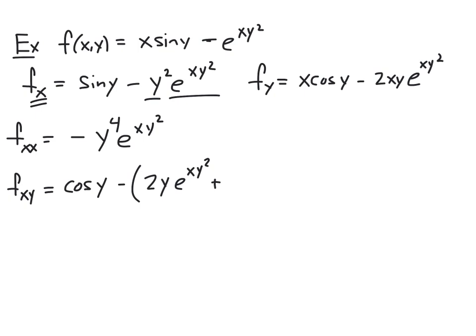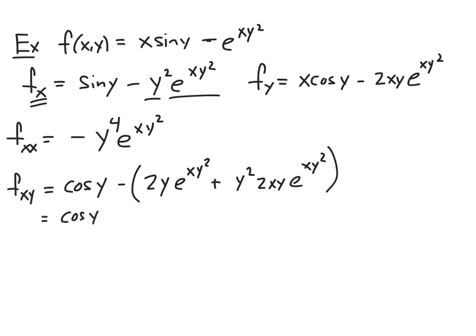And then we add to that y squared times the derivative of the other function, which is going to be 2xy e to the xy squared. Just below this, I'm going to rewrite this one.